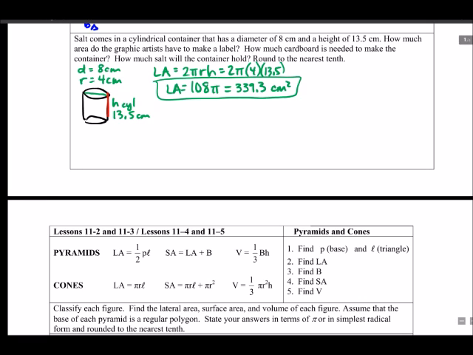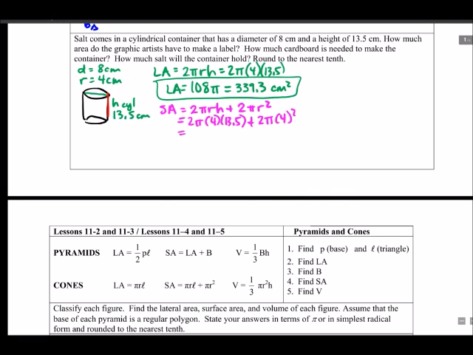And surface area has its own formula. Lateral area, which is 2 pi RH plus 2 times the area of the bases, which is pi r squared. 2 times pi times the radius times the height, 13.5, plus 2 times pi times my radius squared.